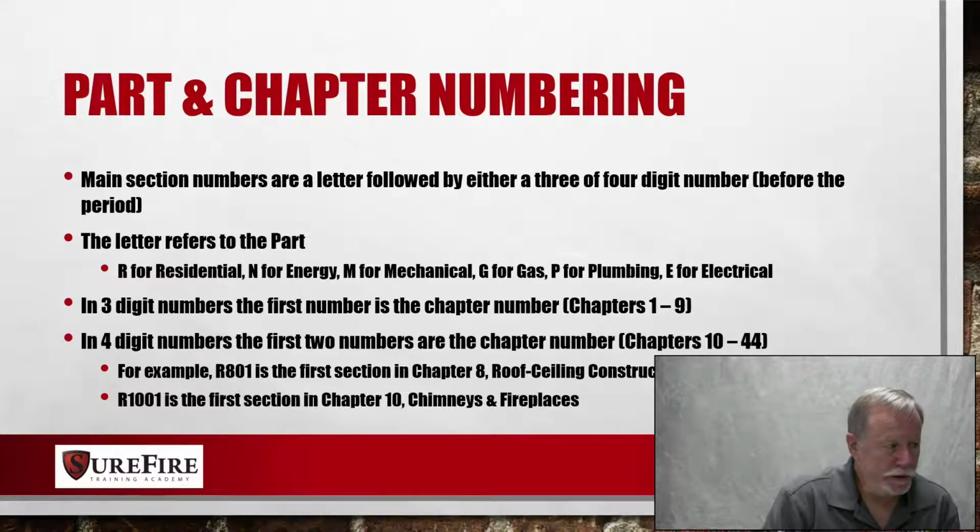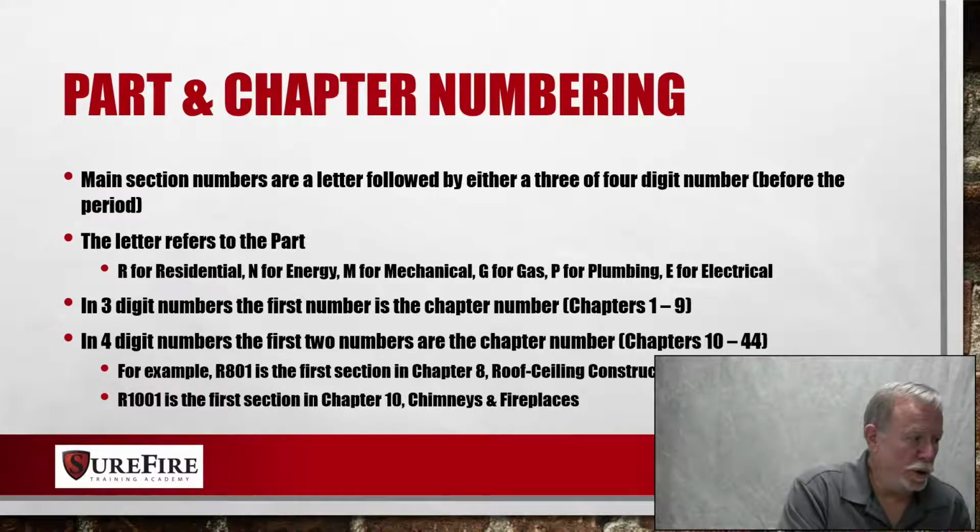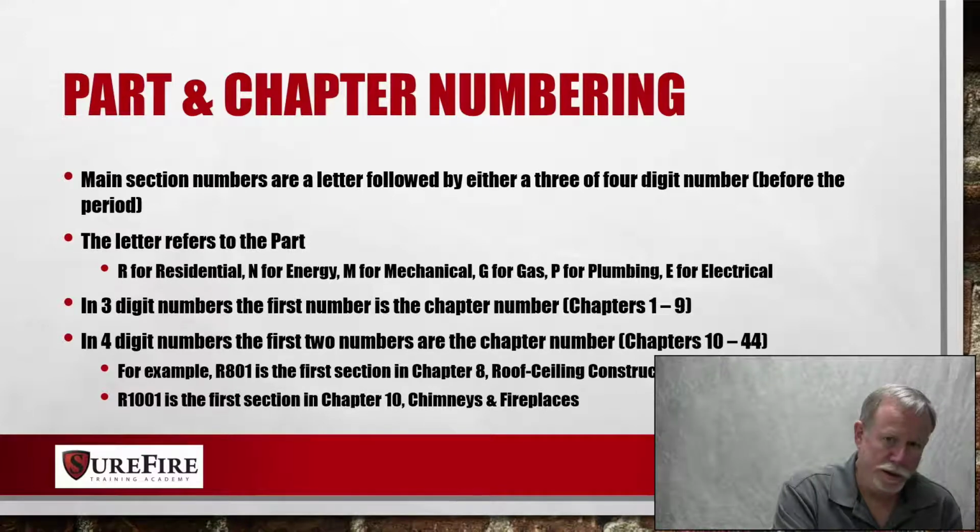And then if it's a 3-digit number, and these are 3 digits before the period, that's chapter 1 through 9. If it's a 4-digit number, that's chapters 10 through 44.